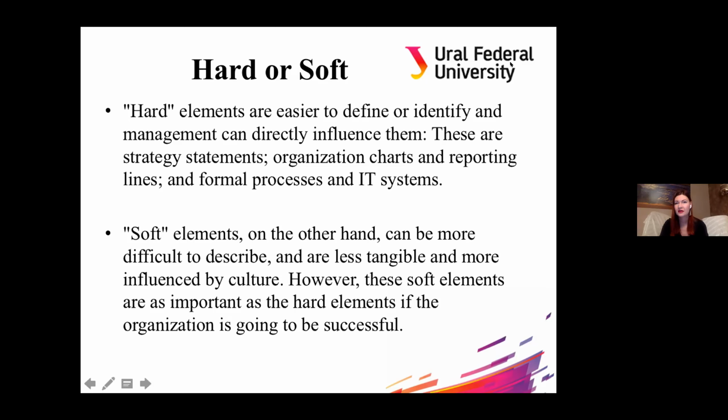What do you think from your experience that you have now? What is more important for a company? Development of the hard elements or soft elements? Maybe you have examples.